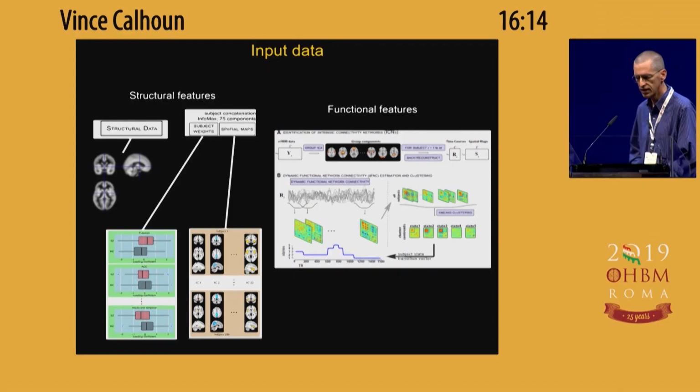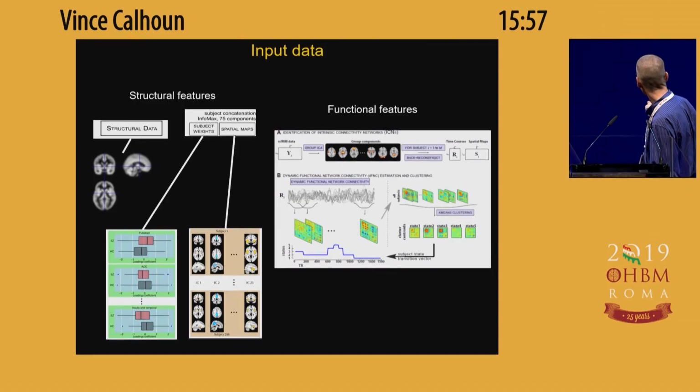We've used a dynamic connectivity approach, where we have this sliding window, and then we've clustered it, and then we've identified states. When in a given subject are they in each of these states?